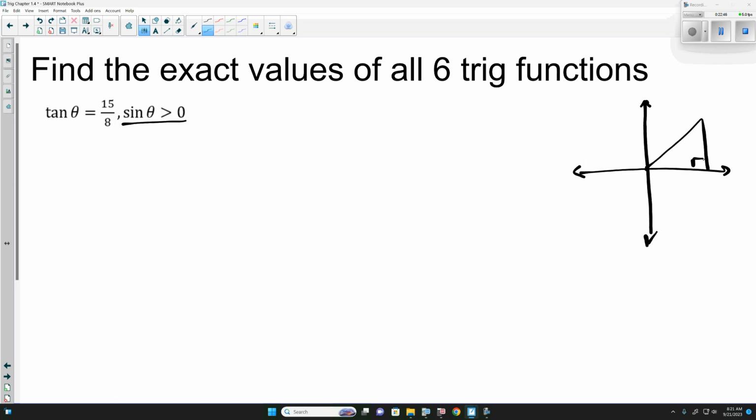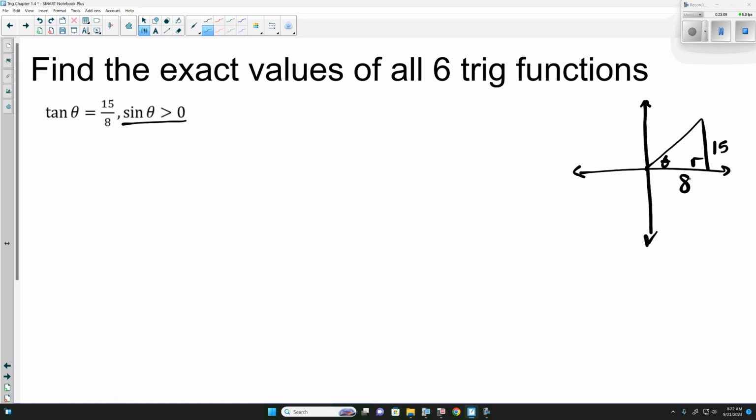So what that means for us is our triangle is over here in the first quadrant. That's neither here nor there, but it does help us with signs. That's the reason I do this. Because tangent of this angle is 15 over 8, opposite over adjacent.